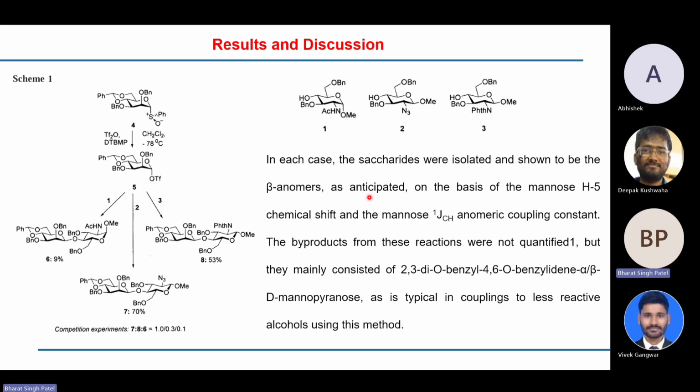As they have said here, they are getting the beta anomer, and they characterized it using the H5 chemical shift value and this C1 coupling. So here the acceptor they are just changing, so there will not be too much effect on the outcome of the product. Only the donor we can think of.